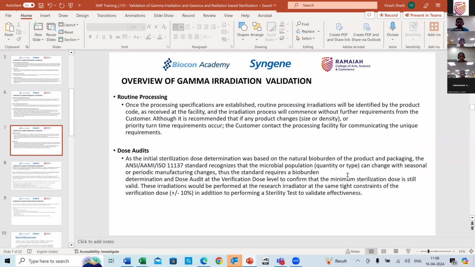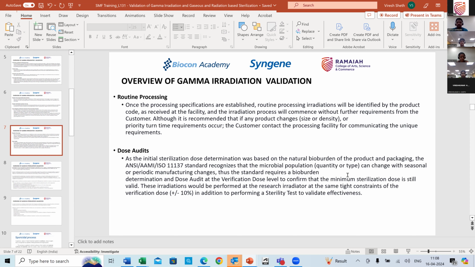10%. Okay. So what I told you is that here in this case, there are no biological indicators, which means that you do not have a biological strip which you can place inside the load and determine whether your gamma irradiation was successful or not. What you are reliant on is the determination of the initial bioburden and the final bioburden, and see whether there was a reduction in that.